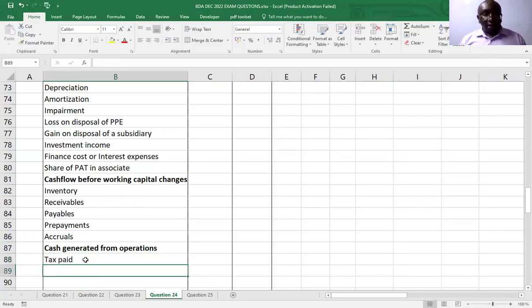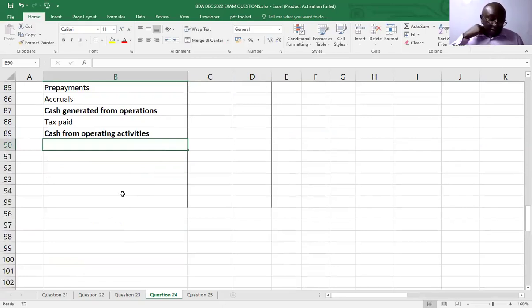When you get the tax paid, you get the cash from operating activities. Cash from operating activities, that is the main entrance. Okay, then after that, we come to investing activities.